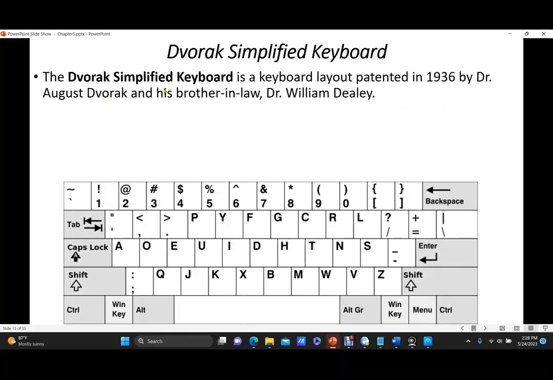The Dvorak simplified keyboard is a keyboard layout patented in 1936 by August Dvorak and his brother-in-law, Dr. William Dealey.